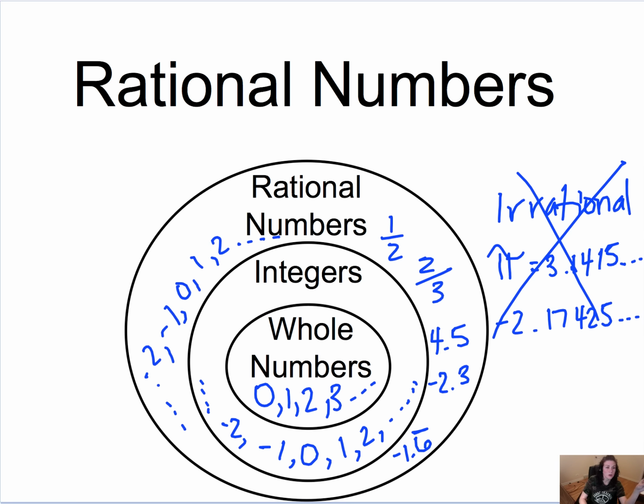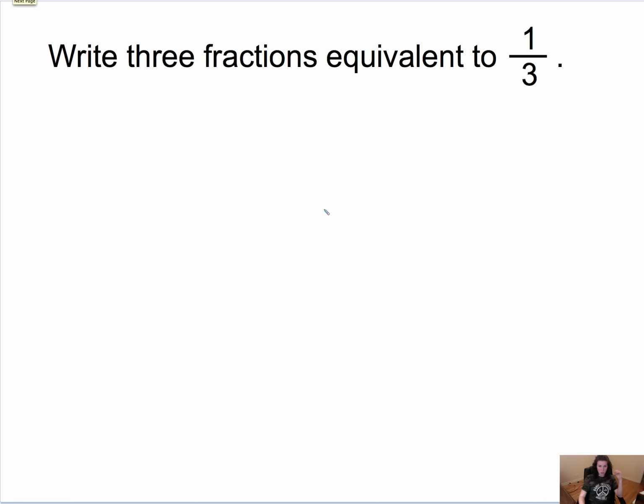All right, so first of all, with our rational numbers, we want to find 3 fractions that are equivalent to 1/3. So remember, like we talked about in the last lesson, as long as you multiply or divide by the same number in the numerator and the denominator, it's going to be equivalent.